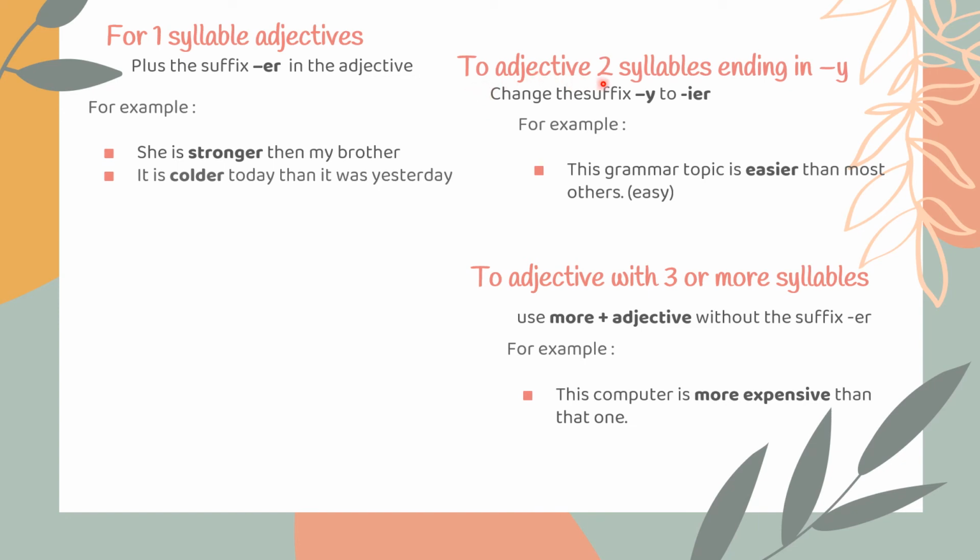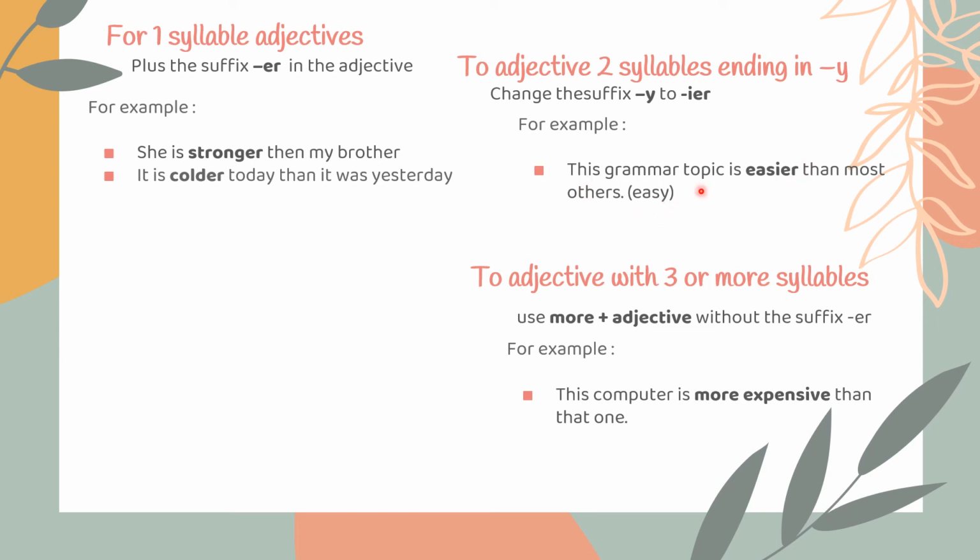For adjectives with two syllables ending in y, change the suffix y to er. For example, this grammar topic is easier than most others.